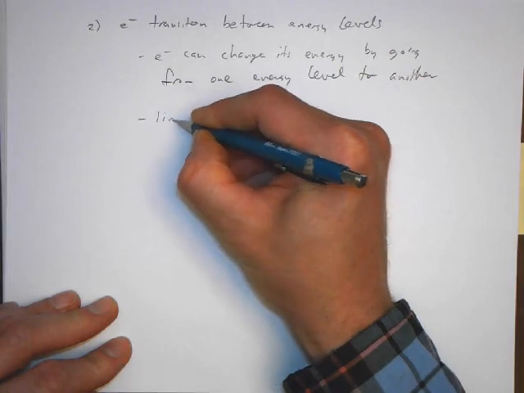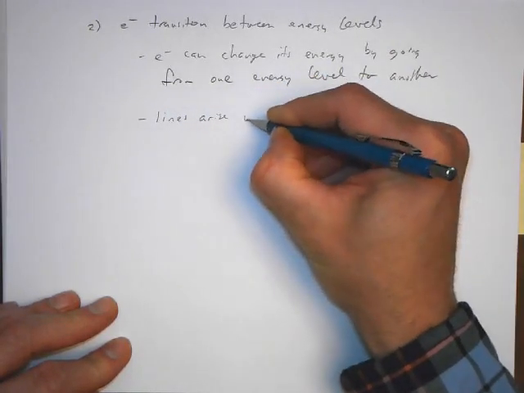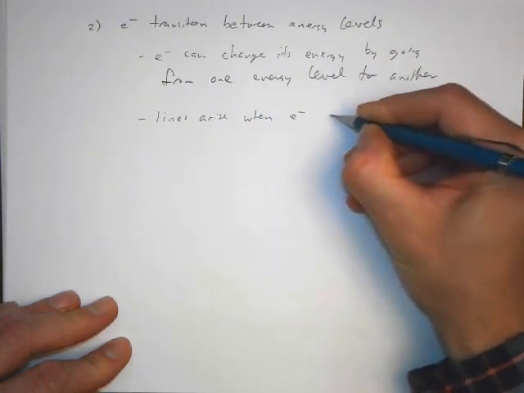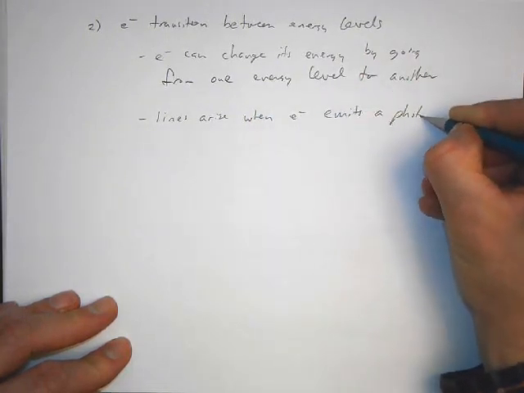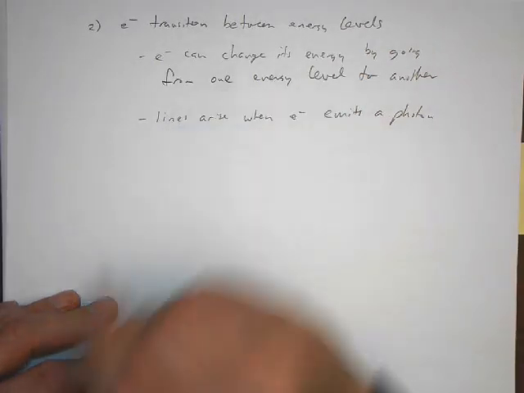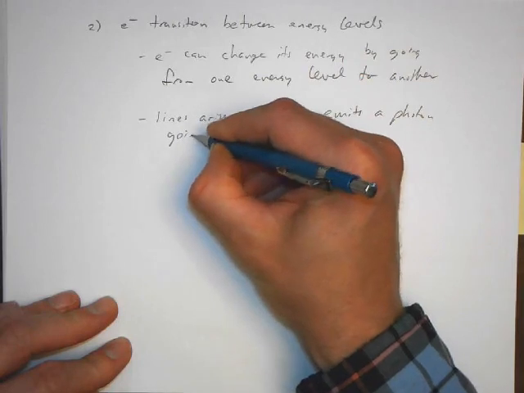So lines arise when an electron emits a photon, going from a higher to a lower energy level.